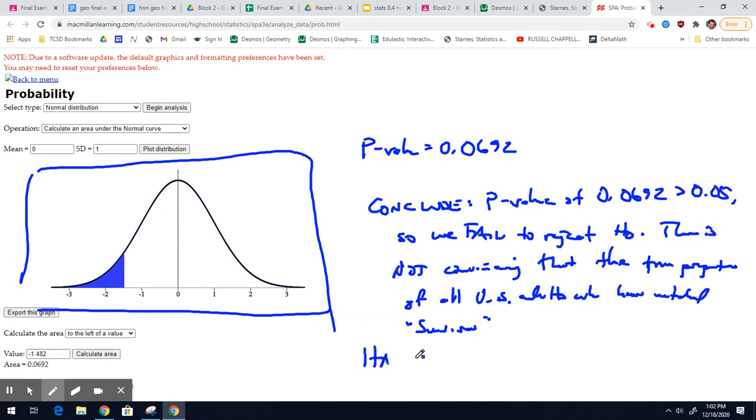This alternative goes right there. And in the alternative, there's a less than 0.35. And that's how you put is less than 0.35.